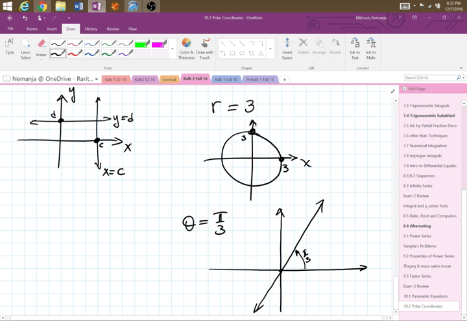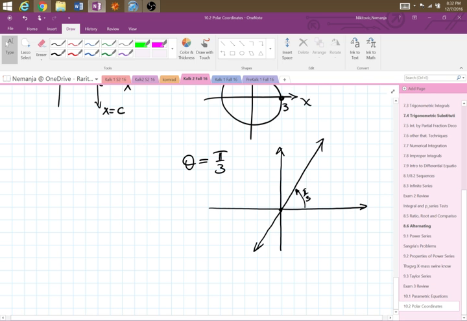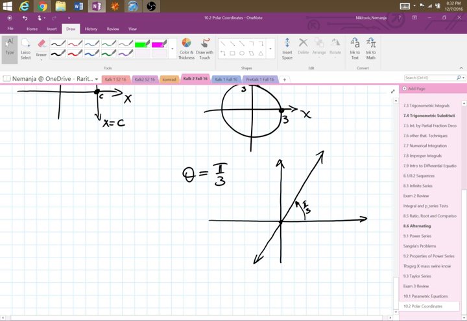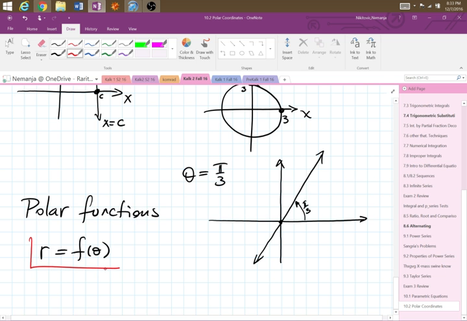So the next order of business is to understand polar functions. So you have the two easiest functions, right? Basic cases. But in general, we say r equals f of theta for polar functions. And we use the same conversions to go between the two worlds.